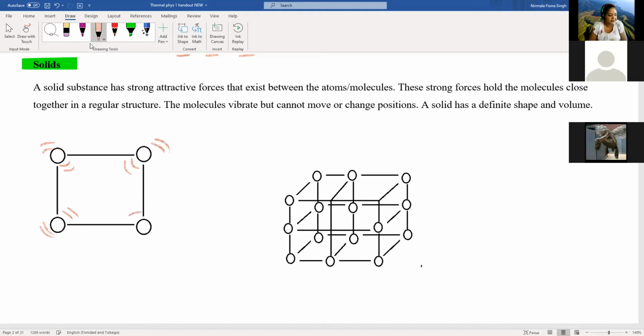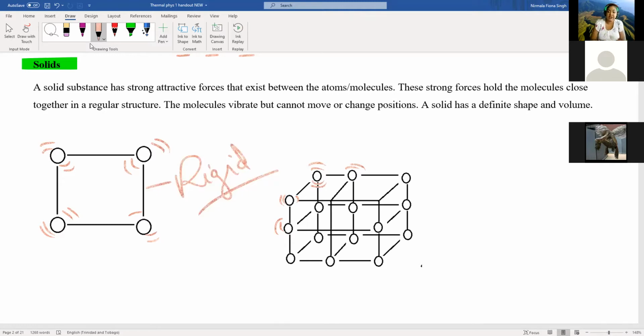So they move very, very fast, but they only vibrate within the lattice. So that's all they do, just vibrate. They're not allowed to move. They don't have the ability to move because they're held together in a very rigid bond. So they're not able to even flex. They're held together very tightly.